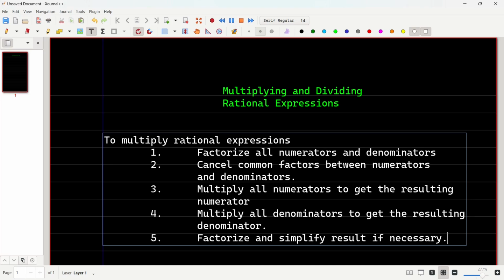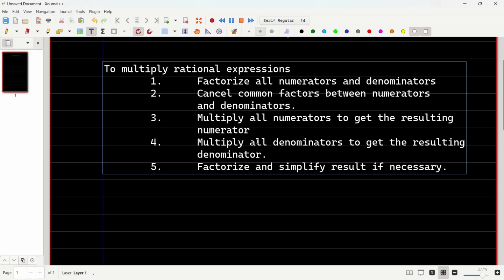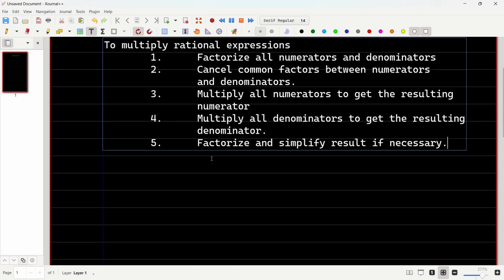All right, so very simple, easy steps to follow, and these steps are the exact same that you would see when you're doing fractions. You would usually factorize the fractions as well and cancel off the common factors just to help simplify the work that you have to do. Now, let me say right away, as long as you know how to do this, then the steps for division are very simple.